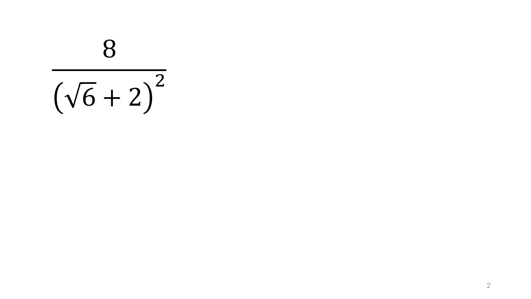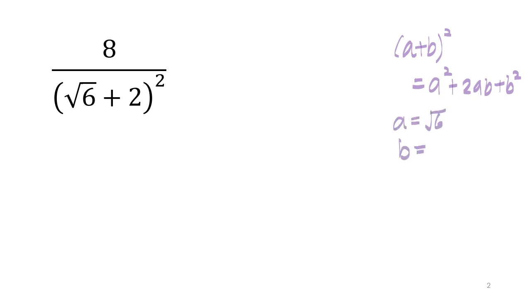That goes back to the algebraic identities that we have learned earlier on. We can use this algebraic identity to expand the denominator. In this case, your a is equal to square root 6, and your b, you can let it be the number 2.